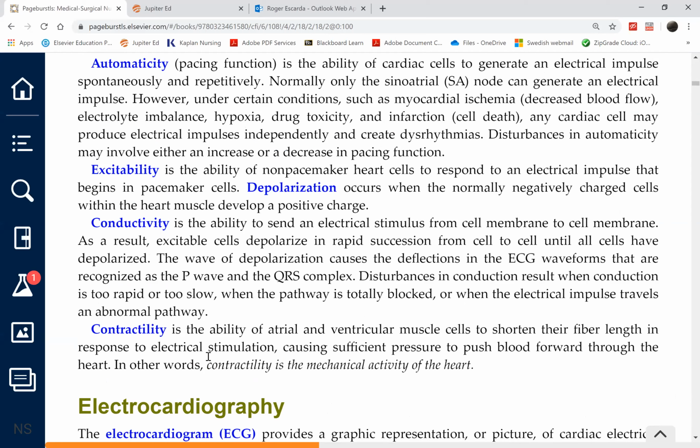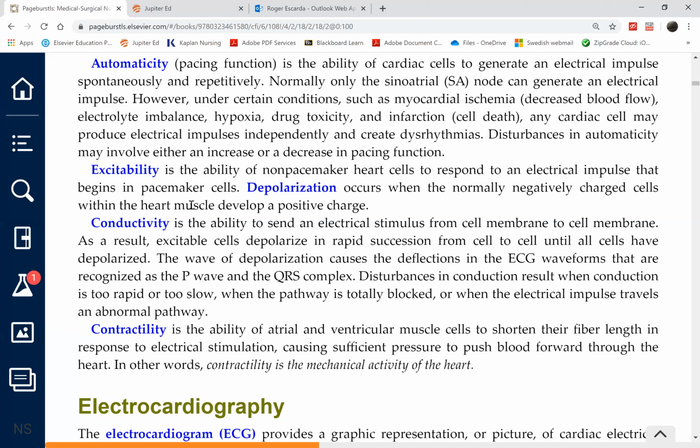For instance, pacemaker cells do not contract. They possess more pacing functions, or automaticity. In the same way, other cells in the heart, which are not involved as pacemakers, should not generate pacemaker functions, meaning they should not produce electrical impulses.